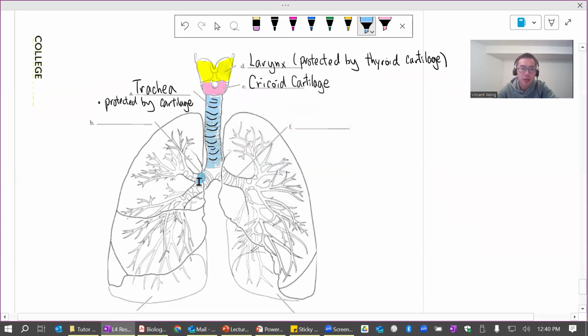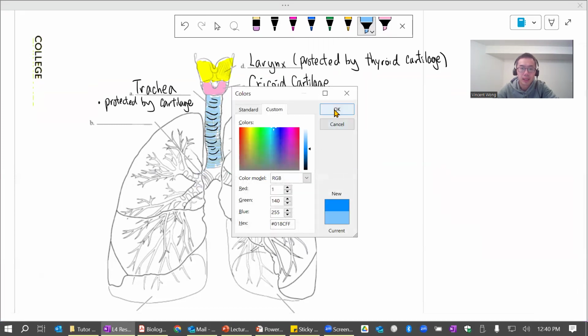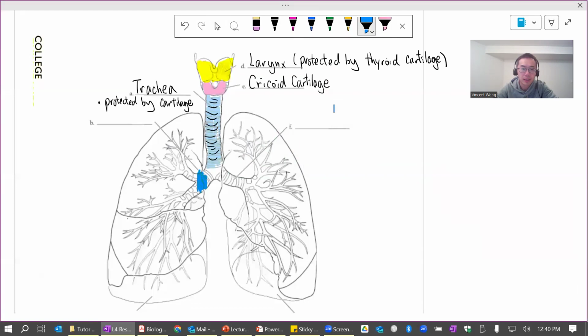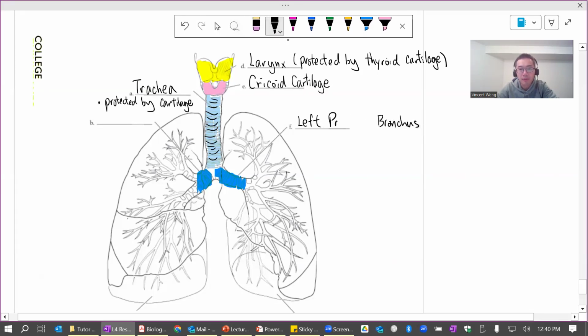And what happens is it will branch into the left and right bronchus. So this one over here, that is the left bronchus. Sometimes they will say left primary or main bronchus.